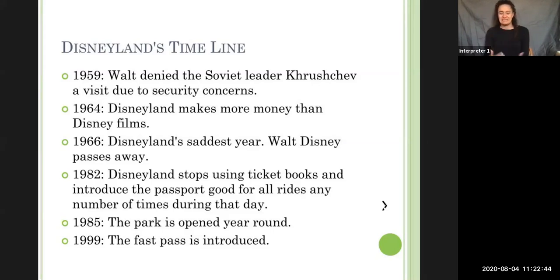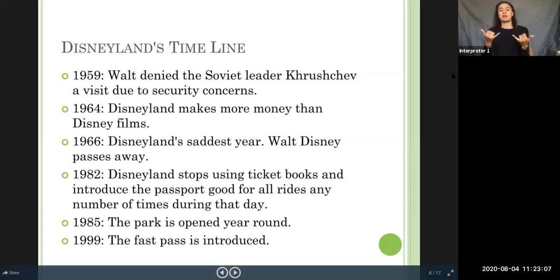And then in 1982, Disneyland stopped using their ticket books, meaning you didn't have to pay for each attraction that you rode. So he introduced the passport, good for all rides, any number of times during the day. In 1985, the park is open year-round, so you can go on Christmas, New Year's, Halloween. And then in 1999, the Fast Pass is introduced.